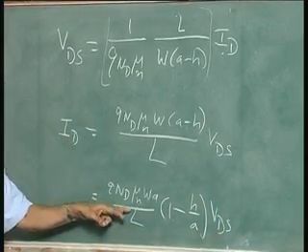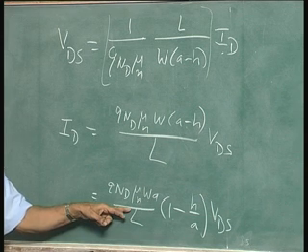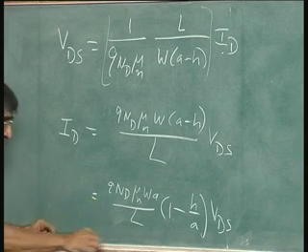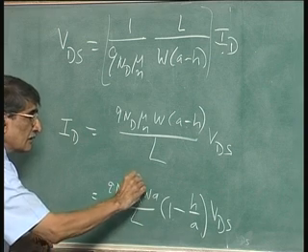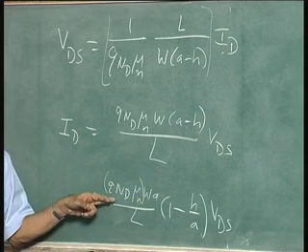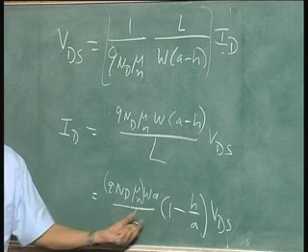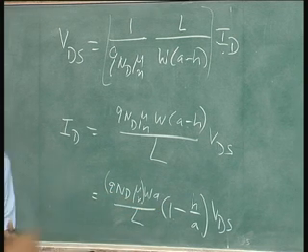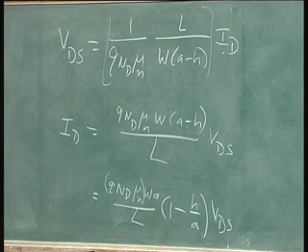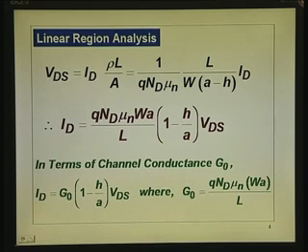What is this term? This quantity is nothing but 1 by rho, sigma into area by L. I just put that whole term as sigma into the area of the full channel.